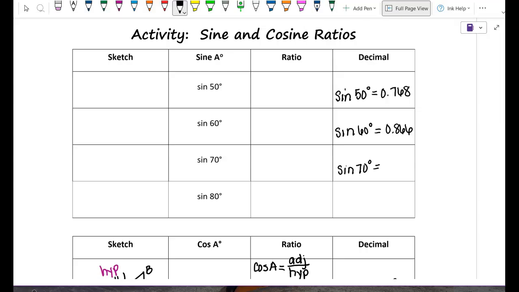We can't have a 1. None of our answers can start with 1 point. If we have 1 point, that means we did not set up our division correctly. So for the sine of 70 degrees, what did you have for the measure of the leg opposite the 70 degrees?